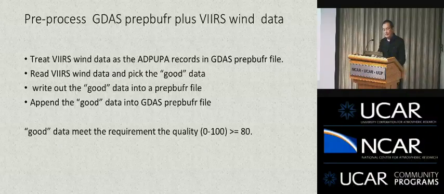The good data here we define as quality greater than 80%. In the VIIRS wind data they have a quality flag, and the value of the flag is from 0 to 100%. In order to keep only the good data for assimilation, we use this condition.